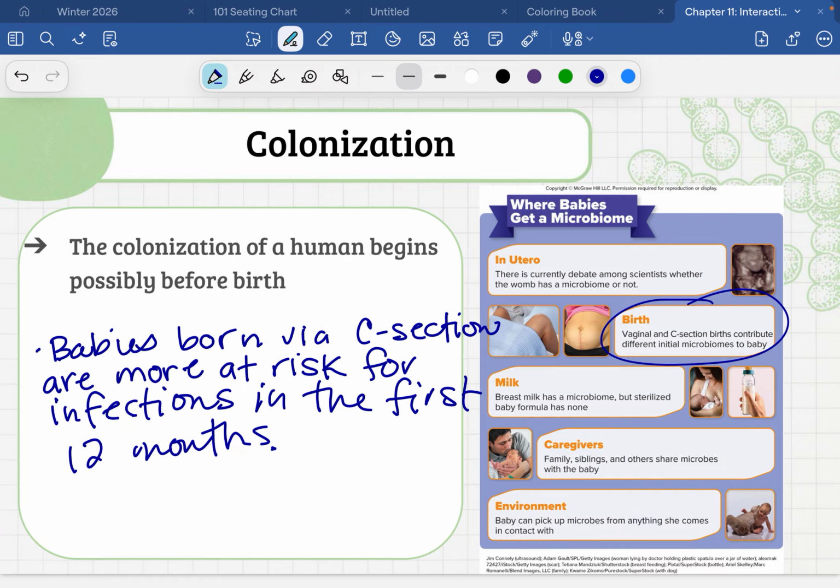I had spent 22 years in California, and all of a sudden I was in this completely new environment, exposed to all different kinds of bacteria, all different kinds of allergens, and my body wasn't used to it. But 10 years later, my body has now adapted. Okay, so your human immune system will change throughout your life. But that colonization, the initial inoculation, happens possibly even before birth, but most certainly at birth.